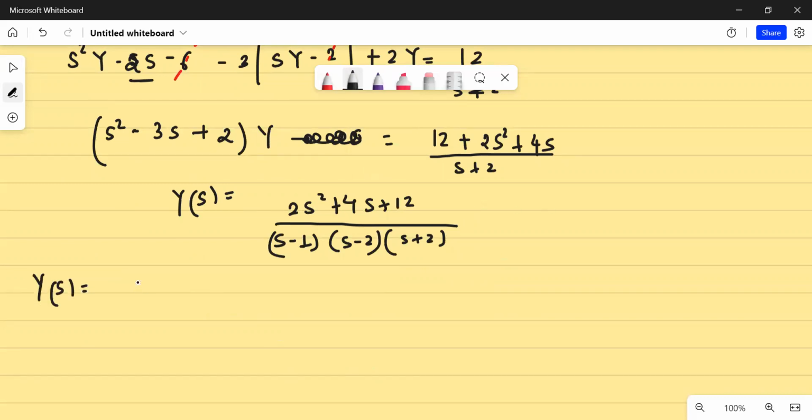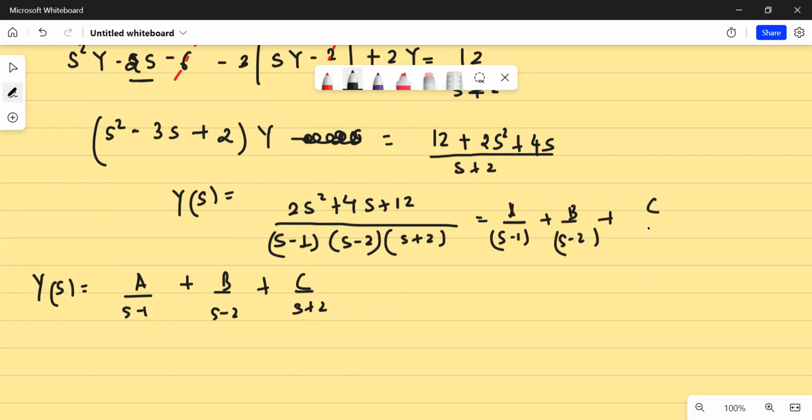Using partial fractions, A upon s minus 1 plus B upon s minus 2 plus C upon s plus 2. So what will it be? You have to find it. You find these values of A, B, C, and then you can simply take the Laplace inverse.